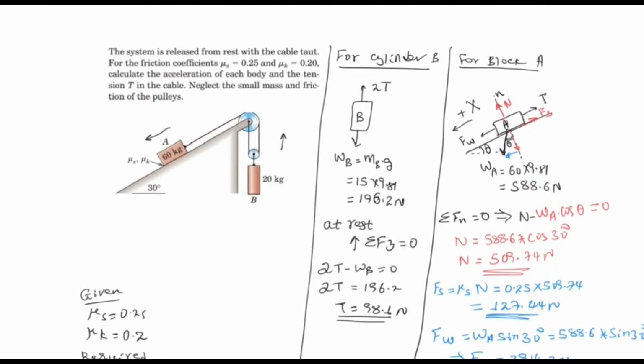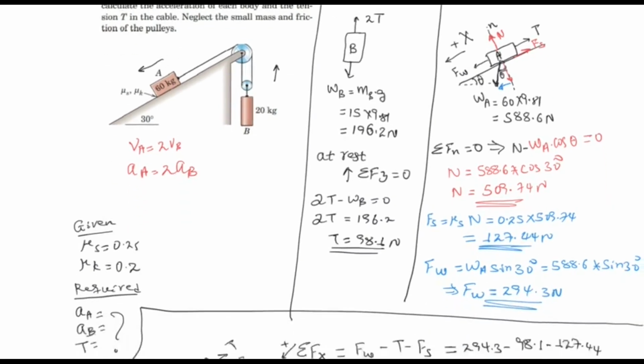Since we have two variable lengths for cylinder B and one for A, we know previously that the velocity of A is equal to 2 times the velocity of B, and the same thing, acceleration of A is 2 times acceleration of B.